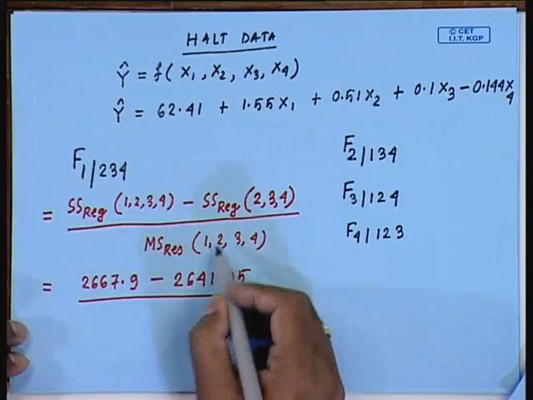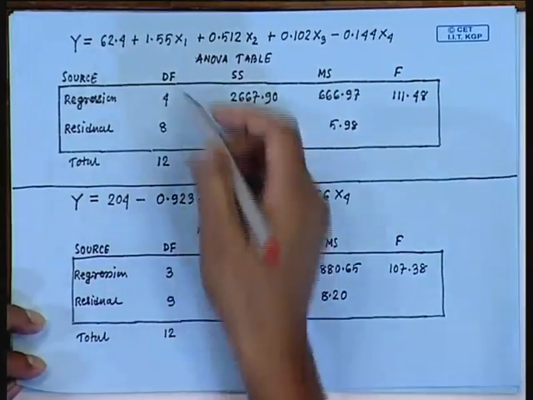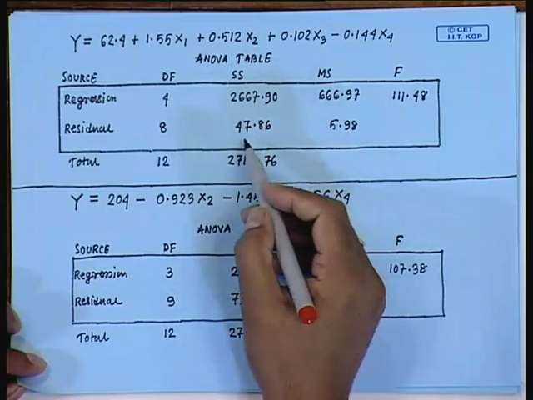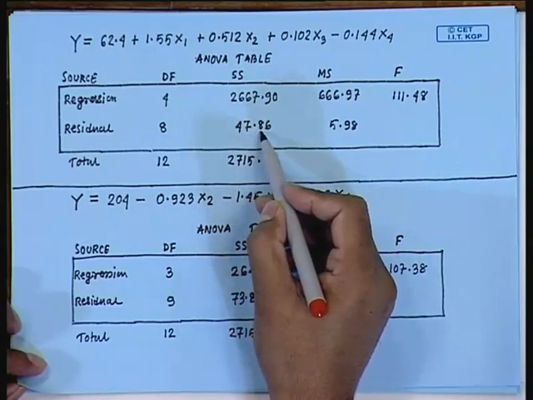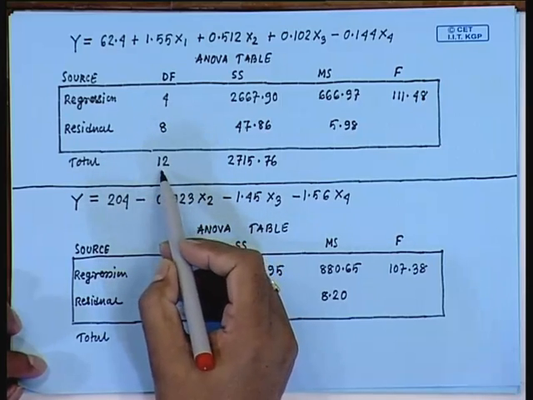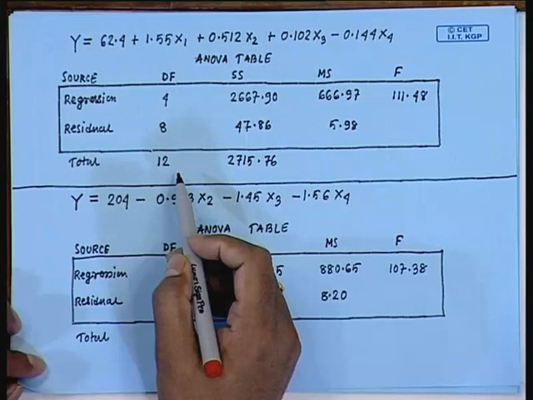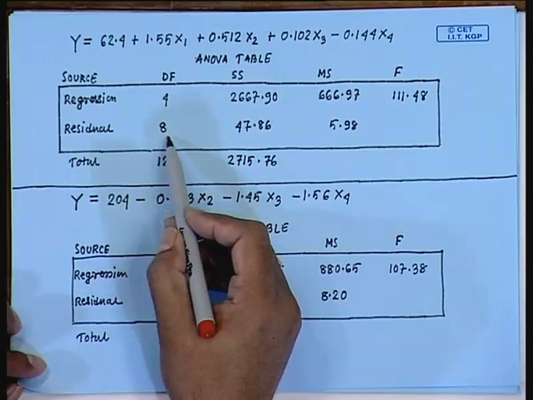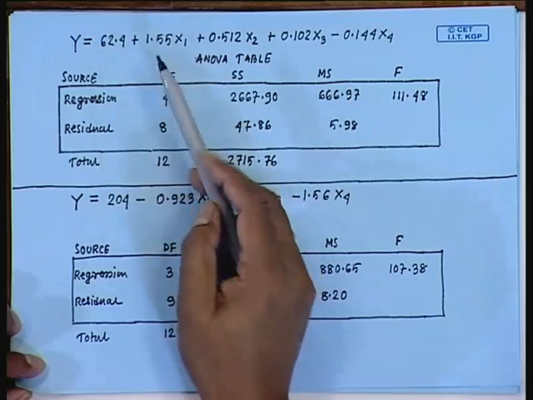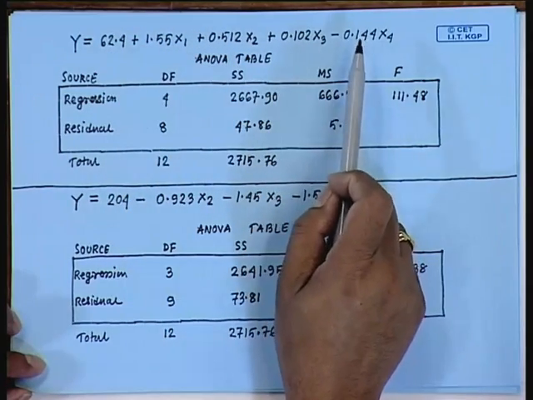Now, the MS residual value for the full model, again recall, so this is the full model and the MS residual value is 47.86, and look at the degrees of freedom here, we have 13 data points. So, the total degree of freedom is 12, and the residual has degree of freedom 8, because you have 5 unknowns.